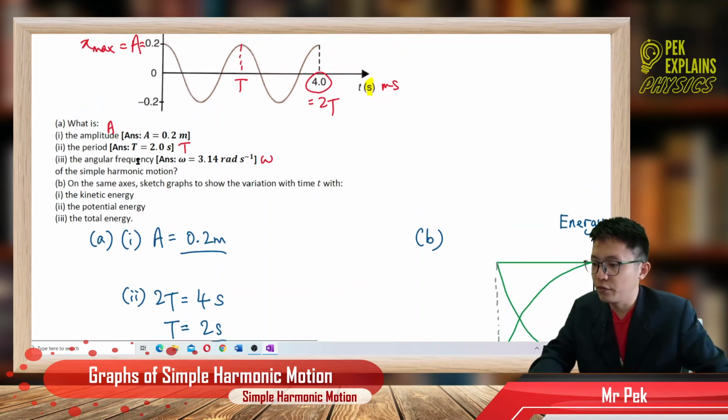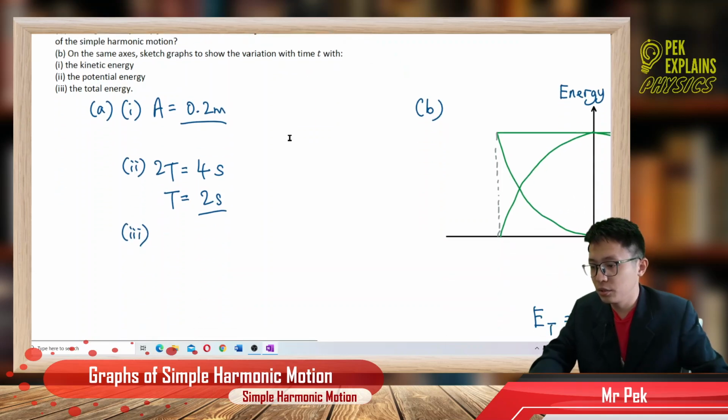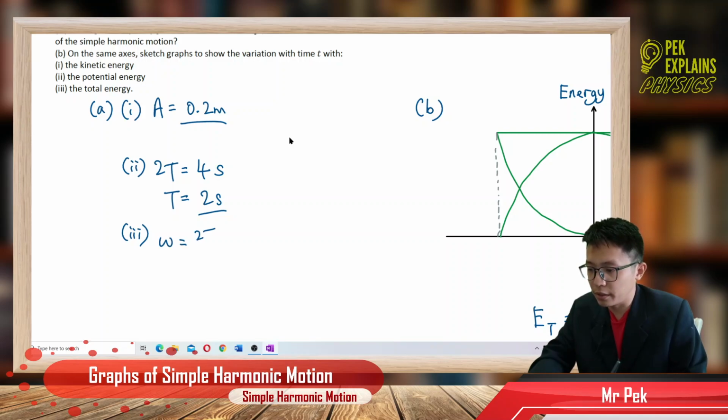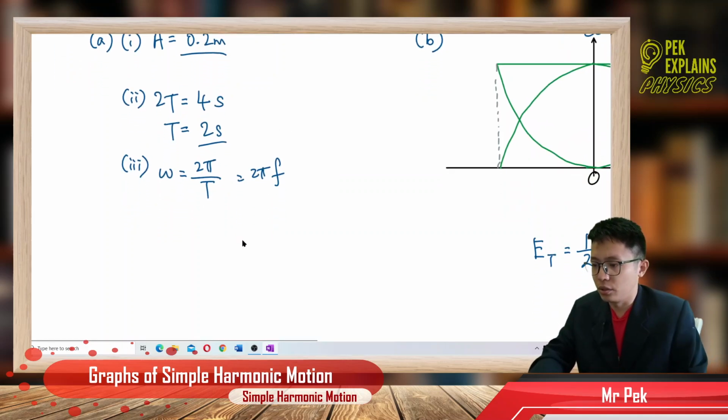Now how about the angular frequency? Angular frequency is omega, so just use the formula. We already have the period. Omega is 2 pi over period, or 2 pi f. So we use the period: 2 pi divided by 2 seconds.